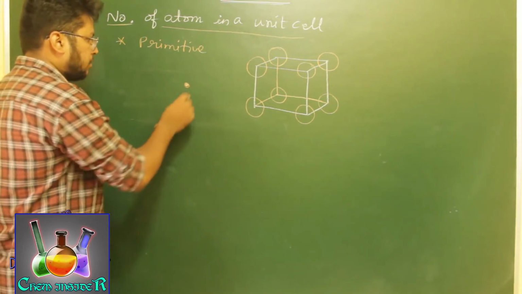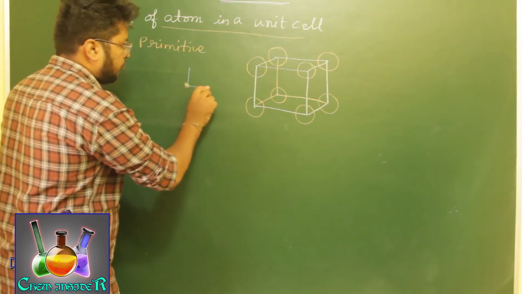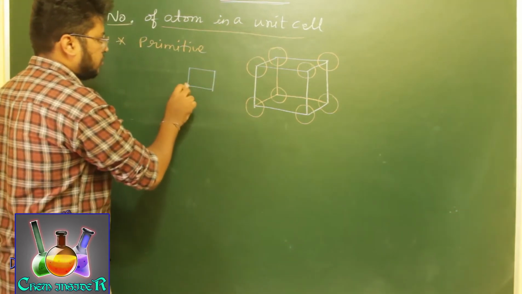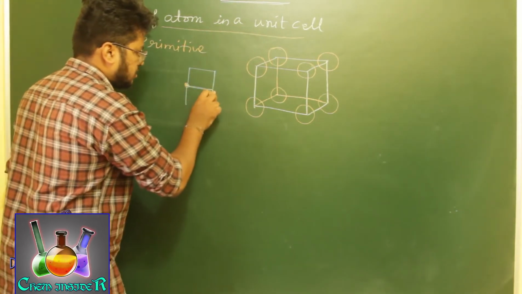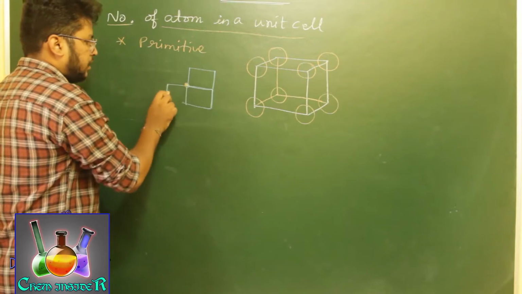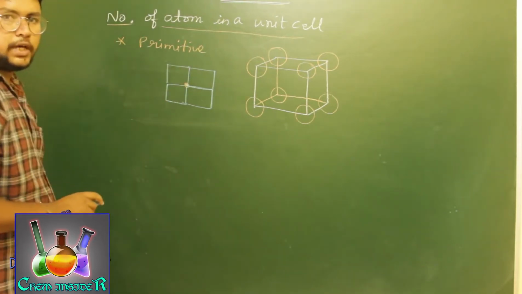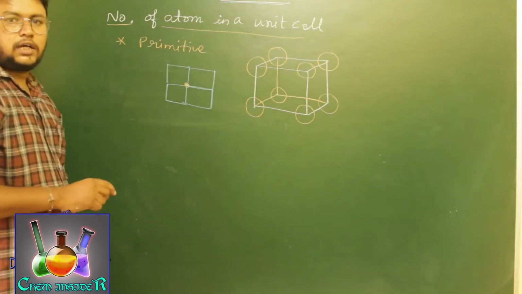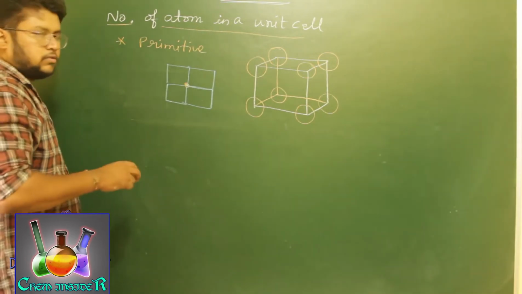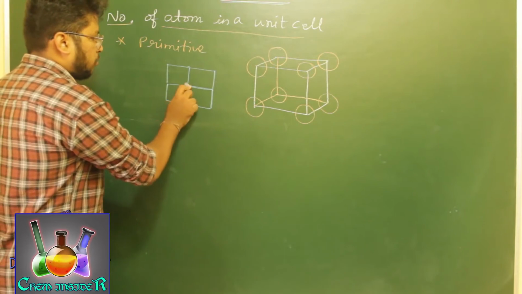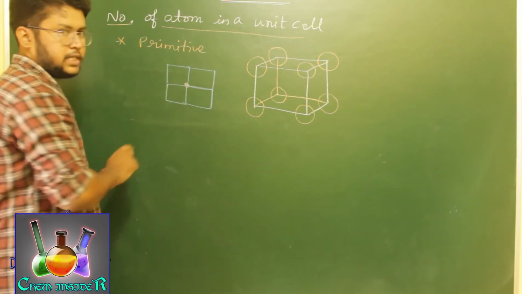This atom can be surrounded by 4 different unit cells, like this. So that point can be shared by 4 unit cells. I am just drawing a 2-dimensional diagram, like tiles arranged on your floor. So one point is shared by 4 unit cells, right?